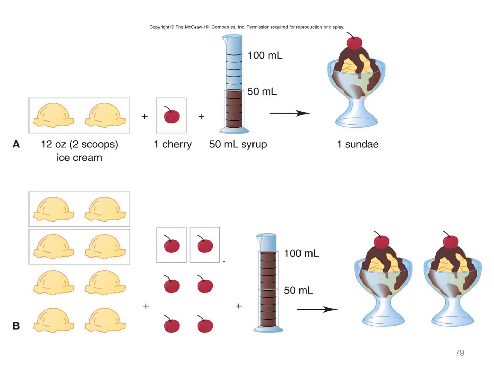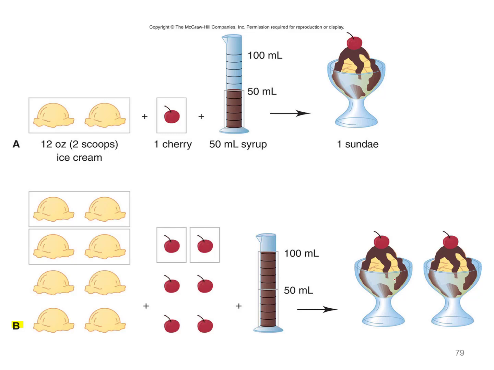Okay, let's look at ice cream here. If we have 2 scoops of ice cream, 1 cherry, and 50 ml syrup, we will make 1 sundae cone. But if you look at situation B here, we have 8 scoops of ice cream, 6 cherries, and only 100 ml syrup.